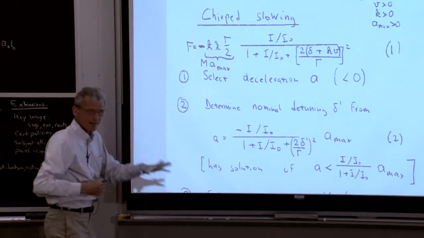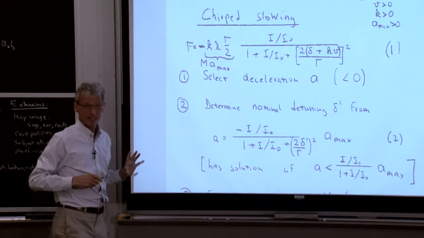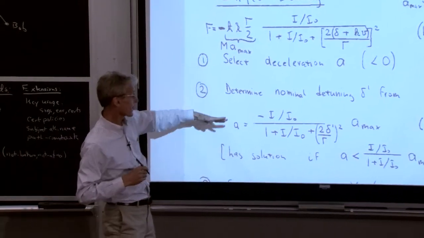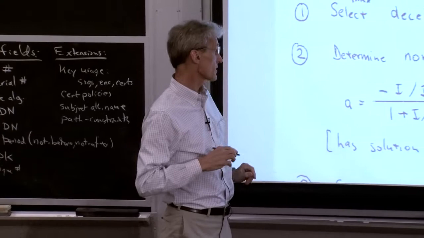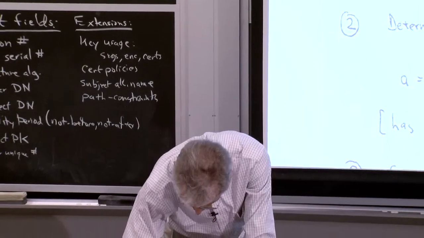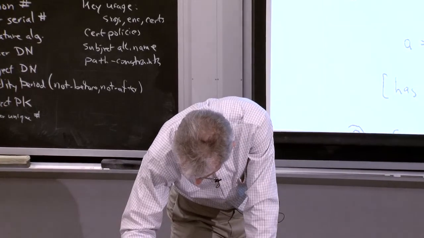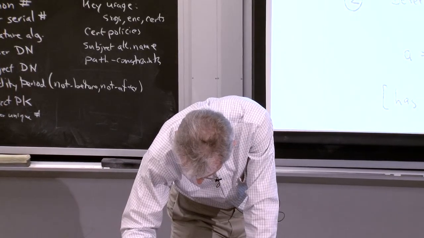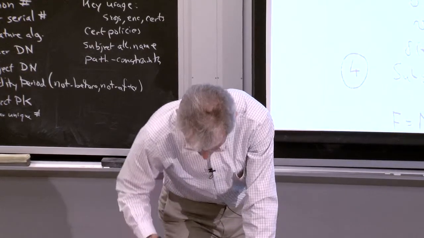So that's the easiest way to explain it. We have to set the stage. We have to introduce this nominal detuning. Okay, so you can say that this detuning is just a definition.